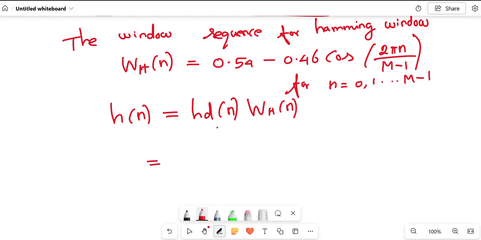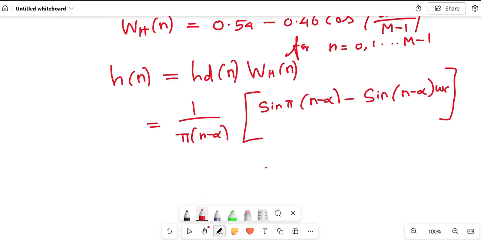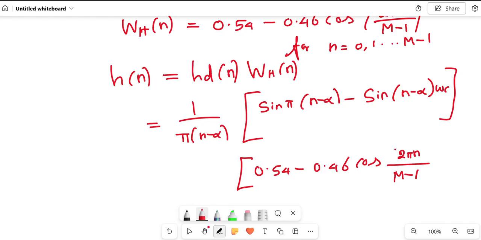What is hd of n? You know that 1 by pi (n minus alpha) into sine pi (n minus alpha) minus sine (n minus alpha) omega c, multiplied by the WH function, 0.54 minus 0.46 cos 2 pi n by (M minus 1), for n not equal to alpha.